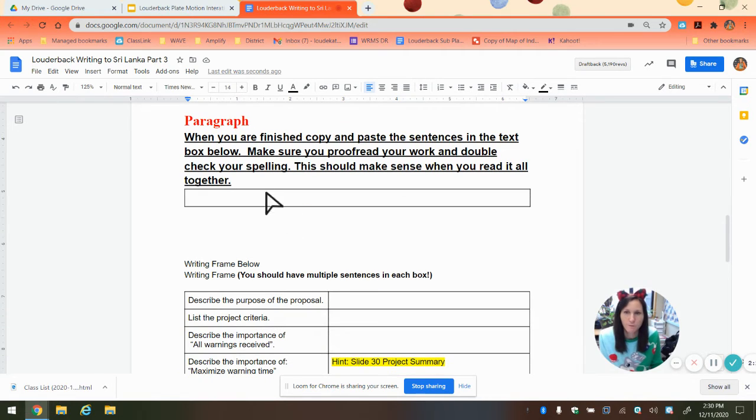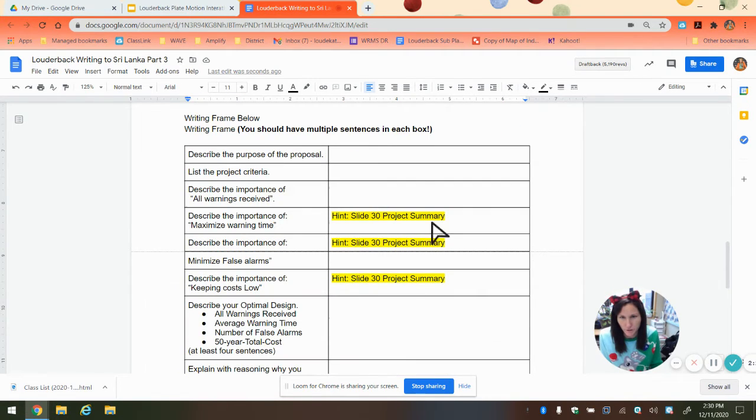All right, so before we get to the paragraph portion, we're going to work on the proposal, okay? The first one is to describe the purpose of the proposal. We were asked as interns to create a better warning system for the people of Sri Lanka to notify them of an incoming tsunami so that they can evacuate in a timely manner.